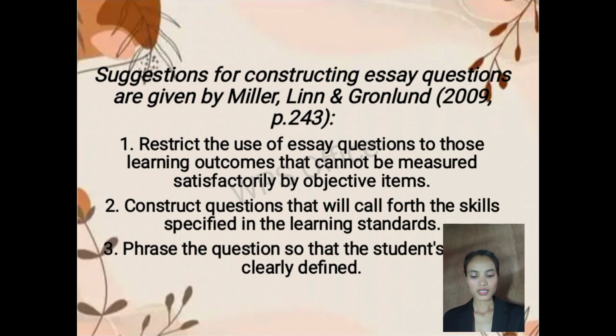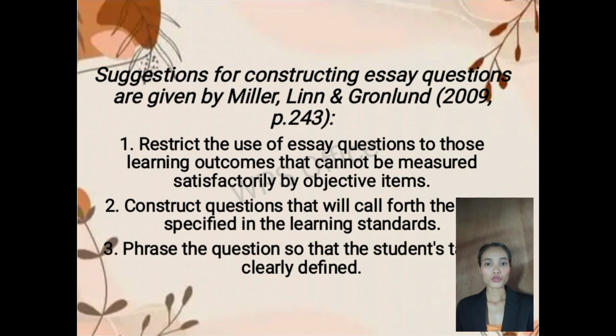The third one is to phrase the question so that the student's task is clearly defined. Restricted response types of AC questions especially state a specific task to be done in writing, as much as possible. The students should interpret the question in the same way, according to what the teacher expected, through the specification in the question.